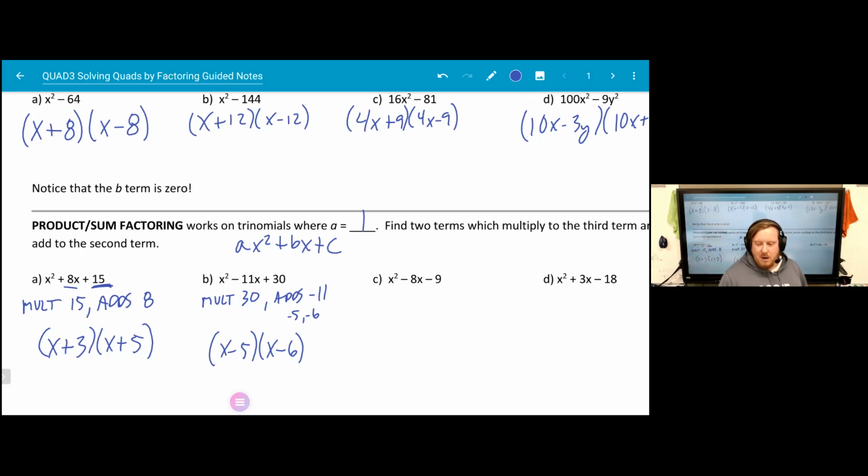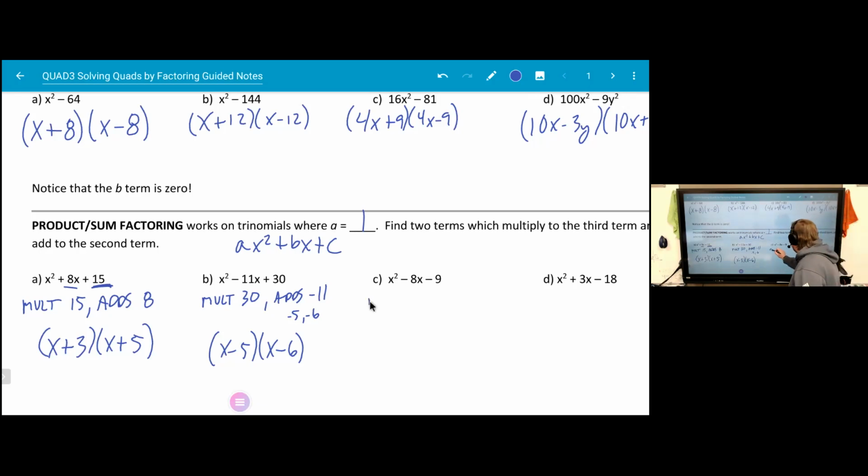All right, now that we are back, well, this case is a little different. What multiplies to a negative number but adds to a negative number? Well, that means one of each. We got to have one of each in this case. What I mean by one of each is one has to be positive and one has to be negative. So what happens here? Well, what multiplies to -9 but adds to -8?